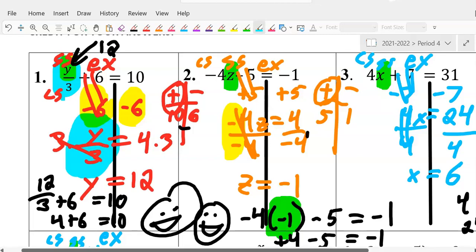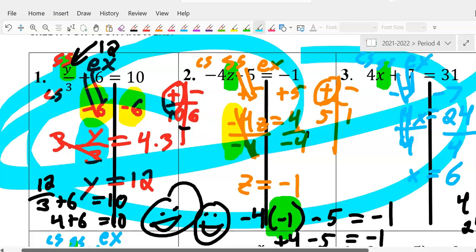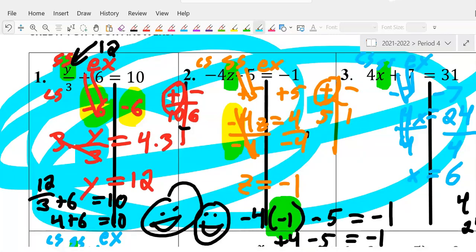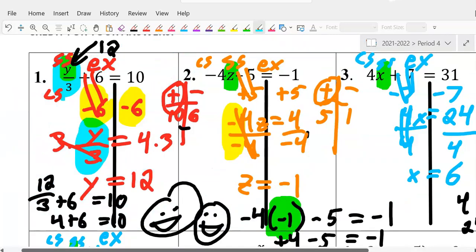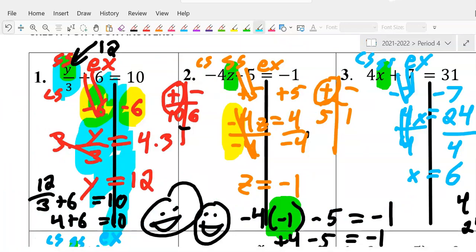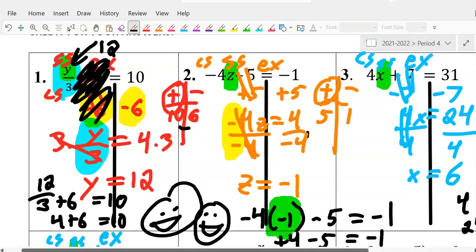They write the minus 6 on both sides, beautiful, and then they do the second step just anywhere on their page. That's no good. So we want to have our line down the middle and then down the equal sign like this. And then we want to have whatever's left over after we get rid of our extra. Make sense?